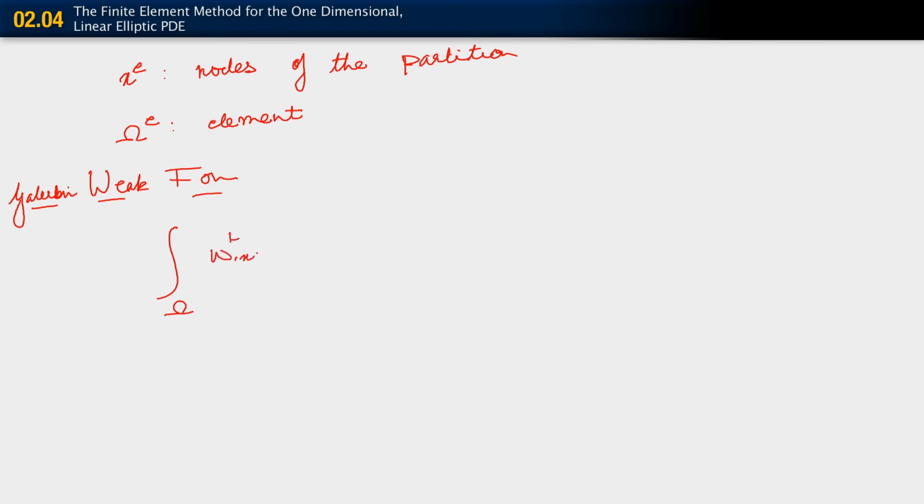WH comma X sigma H A dx equals integral over omega WH F A dx plus WH at L T A. Okay? So we've gone from writing it as an integral over 0 to L to an integral over omega, purely notation.